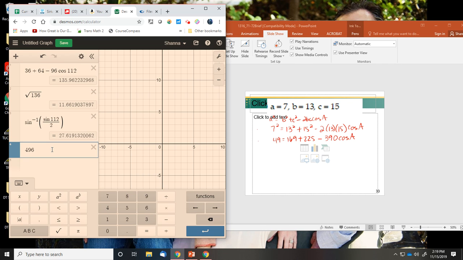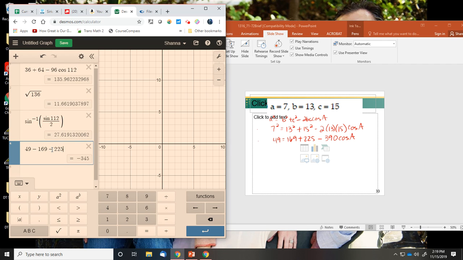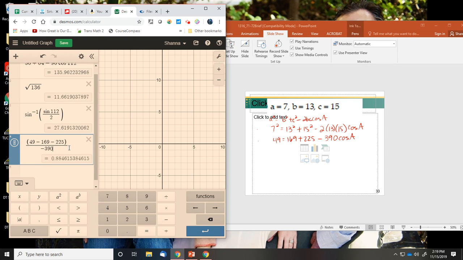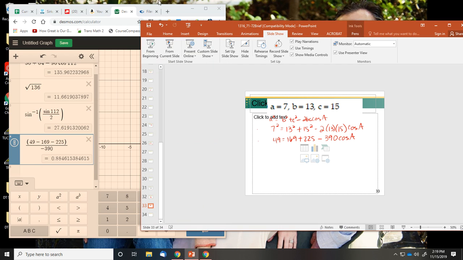So 49 minus 169 minus 225, and then all of that divided by negative 390. So cosine A is 0.885.